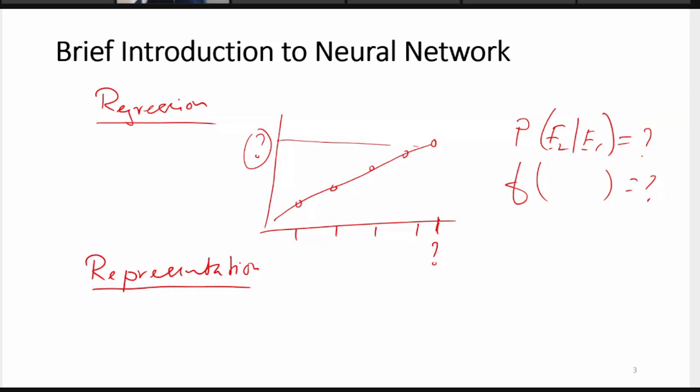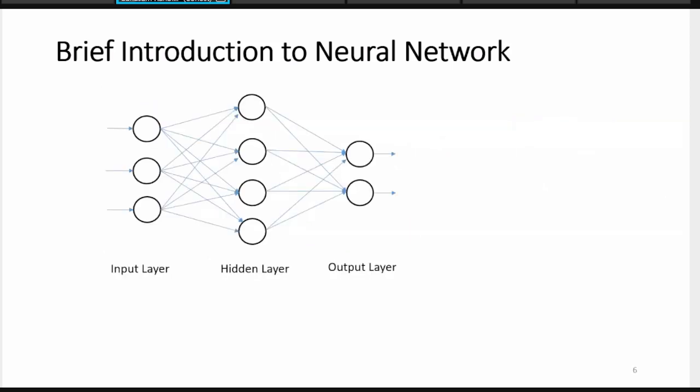So with this brief introduction, let us see how a neural network looks. Those of you who are new to the field might have seen, when people talk about neural networks, a network of this kind. You have something called an input layer, something called an output layer, and something called a hidden layer.